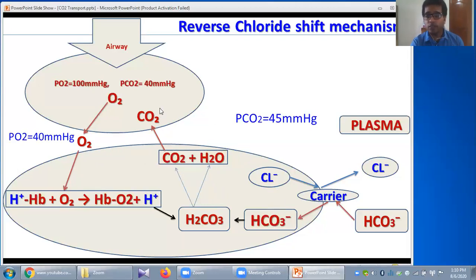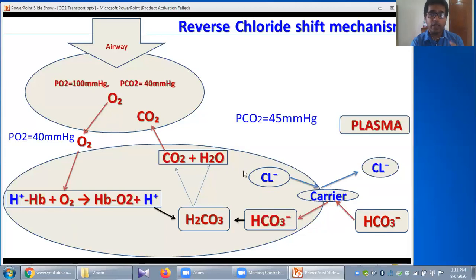Simply, this effect is known as Haldane effect. So if oxygen molecule does not bind with the hemoglobin molecule, there will be no reverse chloride shift, so this bicarbonate ion cannot be converted into carbon dioxide, and that cannot be eliminated from the blood. So that is very important.